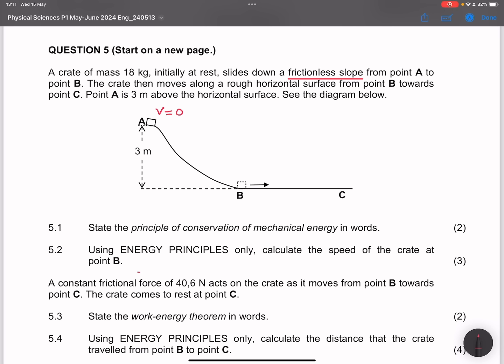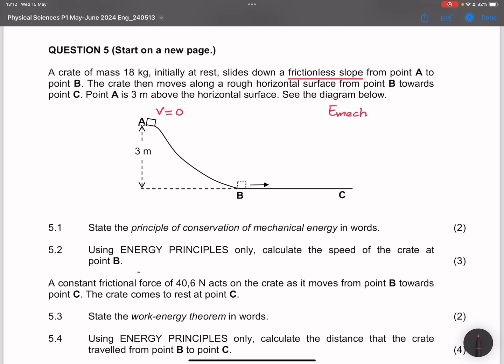Now, if you look at this, we are going to say EMEC, or the mechanical energy at A, oh, by the way, that's for the second one. Remember, the principle simply states that in an isolated system, the total mechanical energy remains the same.